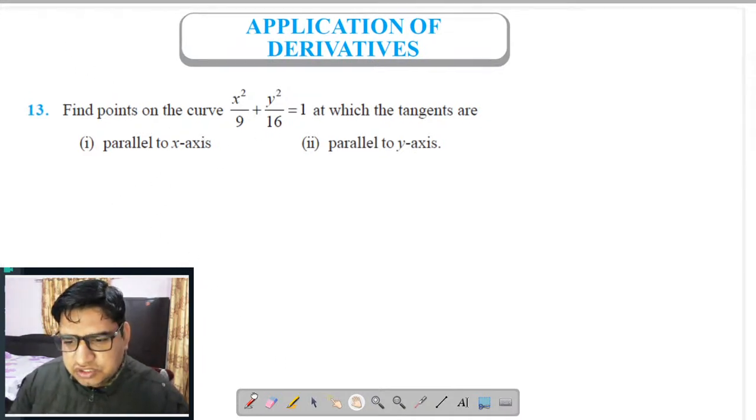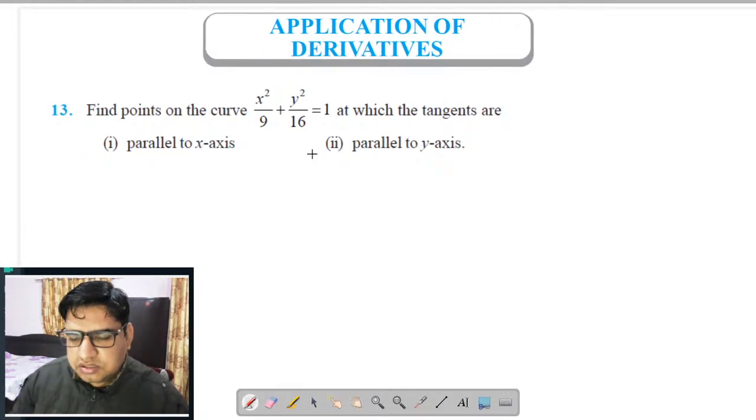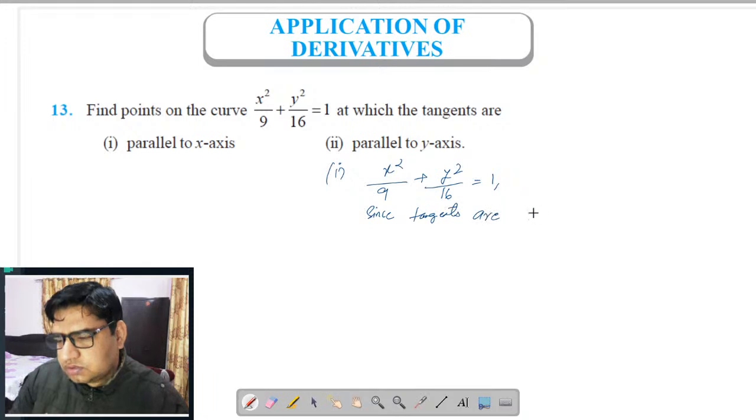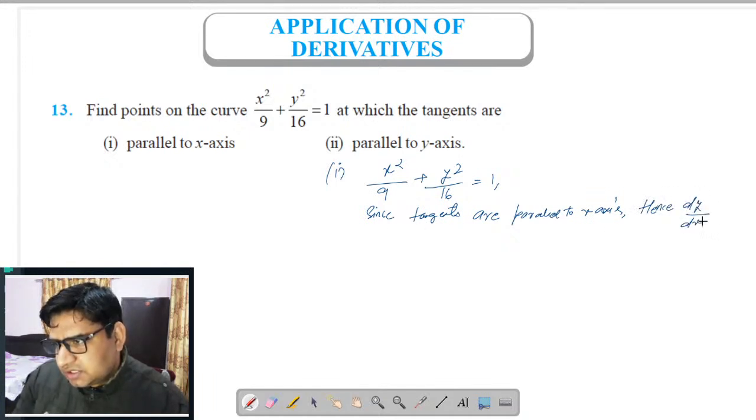In this question, let's try to solve from the first part. x square by 9 plus y square upon 16 is equal to 1. Since tangents are parallel to the x-axis, hence dy by dx is equal to 0.